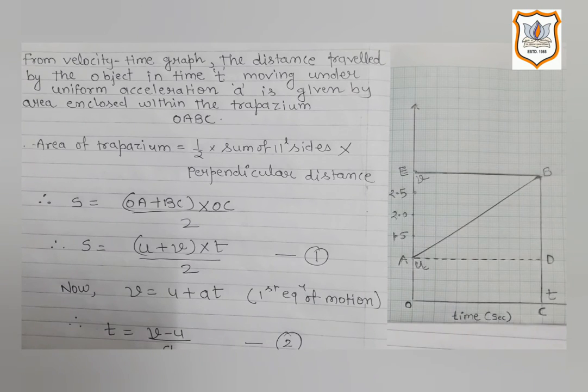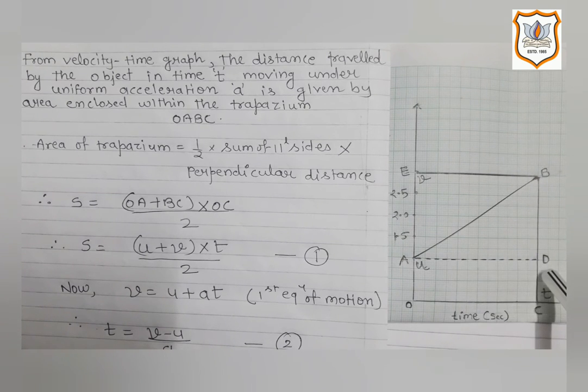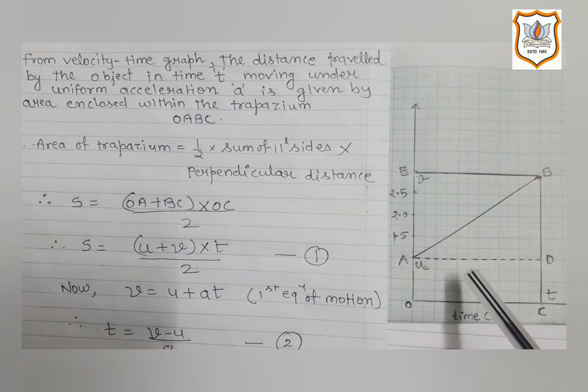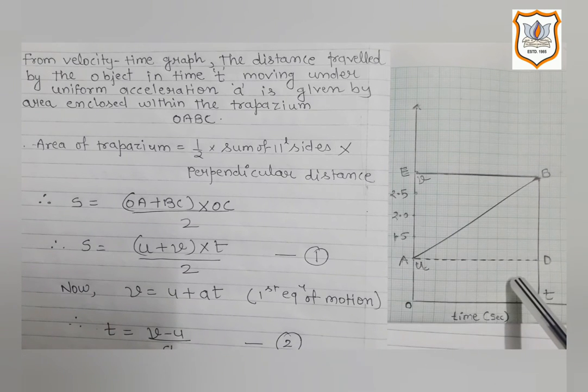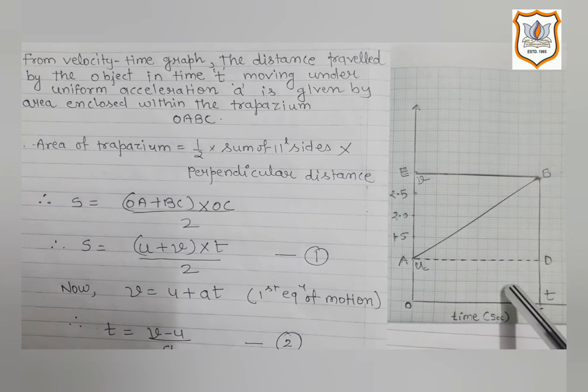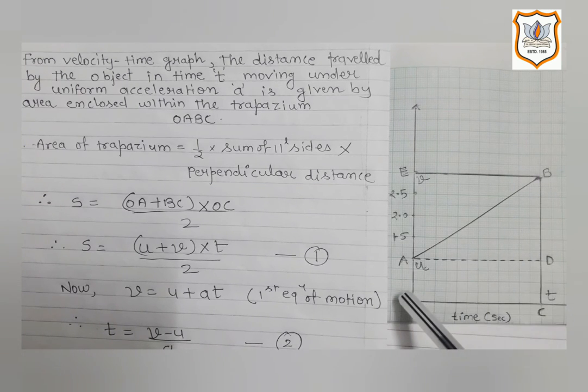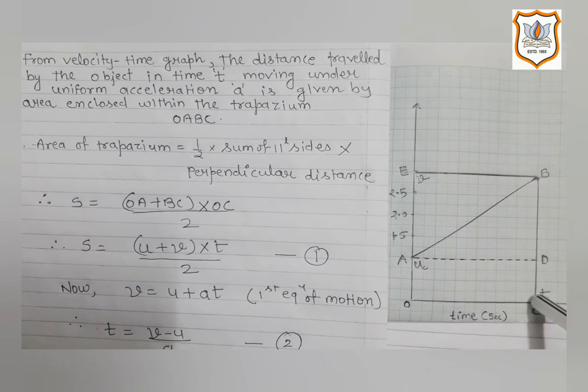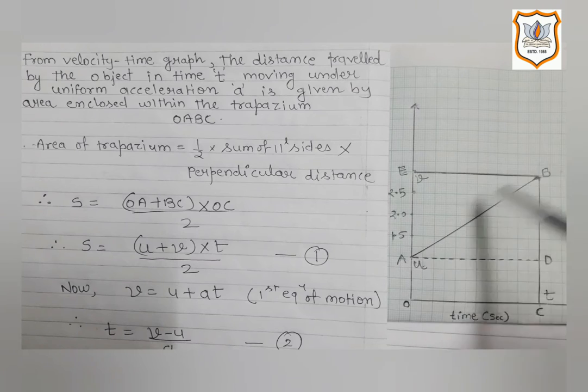Next, equation number 3, that is equation for position velocity relationship. Twice as is equal to v square minus u square. So let us discuss. Here from the velocity time graph, the total distance traveled by the object in time interval t and moving under the uniform acceleration a is actually an enclosed area, that is OABC, and this OABC is actually a trapezium.